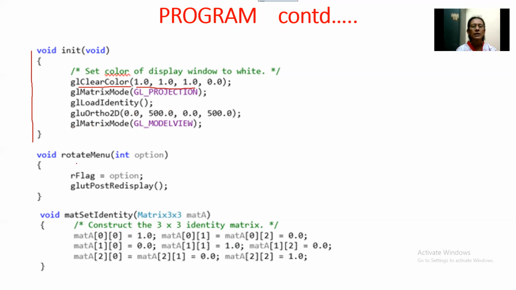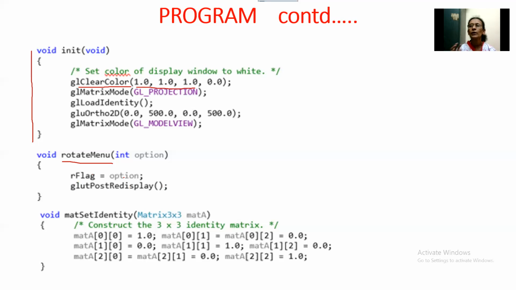Next, this rotate menu function is the function which we are going to use to change the menu. Suppose you have to rotate about a fixed point, then once you select the option, the program comes here. It sets the R flag, and then glutPostRedisplay is to redisplay the window.